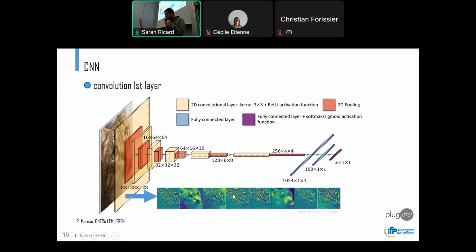For instance, here you can see with this feature map more response concerning the horizontal orientation, and with this one, more response with vertical orientation, okay? So we use convolutions to compute similarity maps, and we use several convolutions to obtain a series of descriptions.